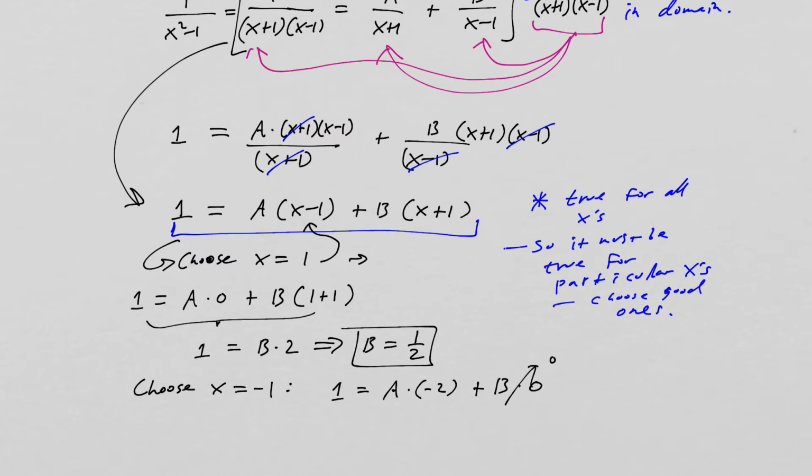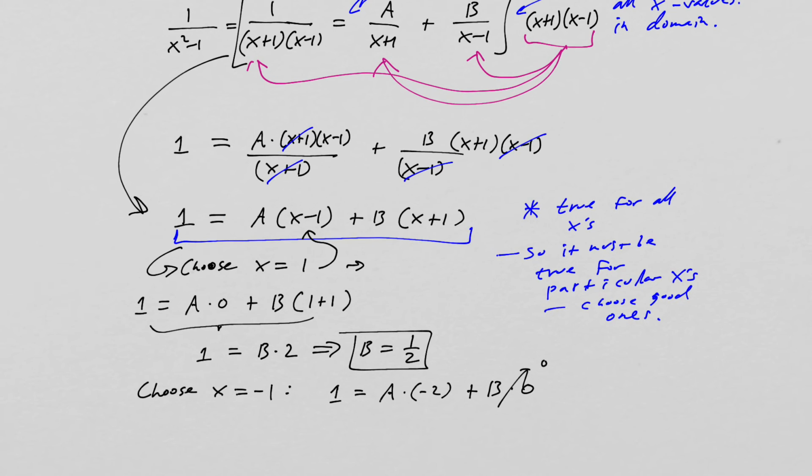Of course, that goes away. What I'm left with is that a is equal to -1/2. Again, we haven't done any calculus yet, but let's see where this gets us.